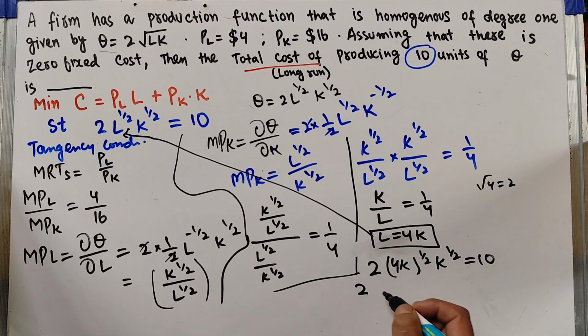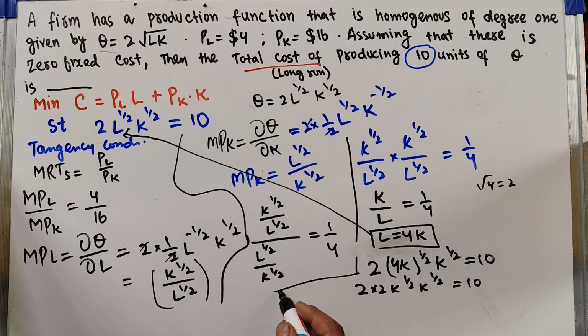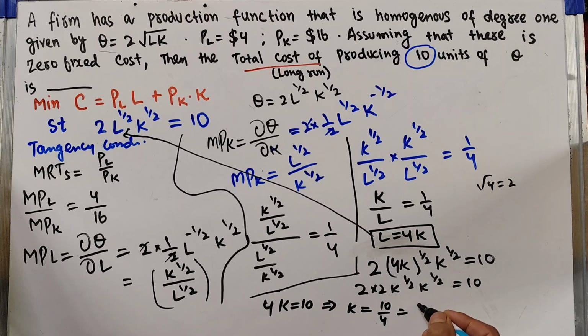So we get 2 times 2, and K raised to the power 1 upon 2 times K raised to the power 1 upon 2 equals 10. 2 twos are 4, and the bases are the same, so exponents add up. We get 4K equals 10, which implies K equals 10 upon 4, which comes out to be 5 upon 2. This is the value of K.